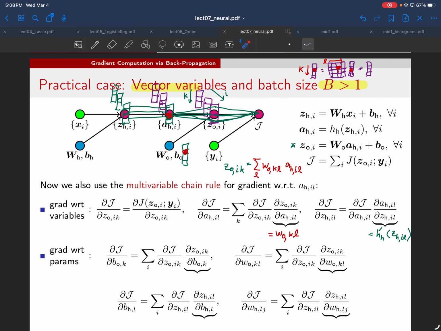So when I'm looking at the kth entry in these vectors, DZOIK, or DBOIK, is just 1. Is everybody good with that?